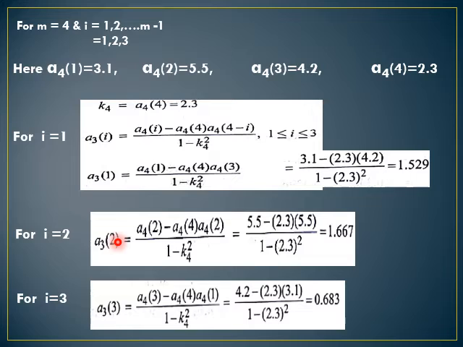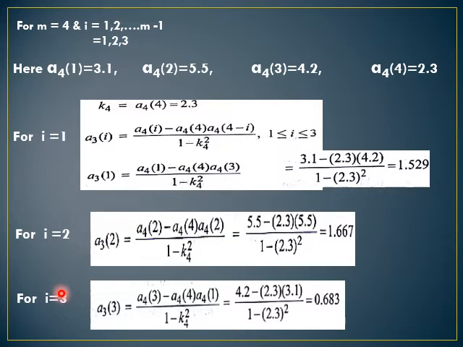This will become A4 of 2 minus A4 of 4 into A4 of 4 minus 2, which will become 2. Again K4 is as it is. So A4 of 2 is 5.5, A4 of 4 is 2.3, A4 of 2 is 5.5, and the value of K4 is nothing but 2.3 square.